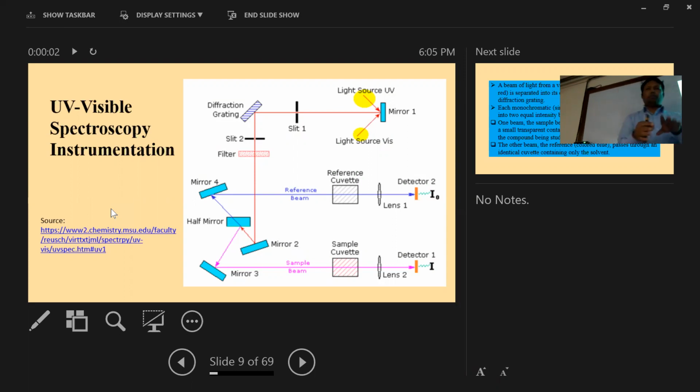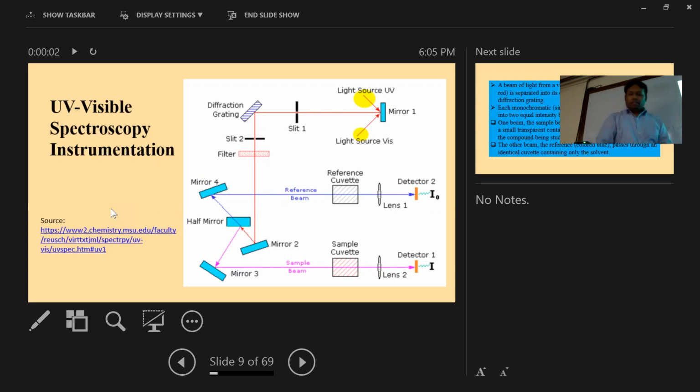If you give the command to the computer, it will automatically adjust the position so that it generates the wavelength from 200 to 1000 nanometer, so you can get all the wavelengths passing through this slit, and then you can get the spectrum.